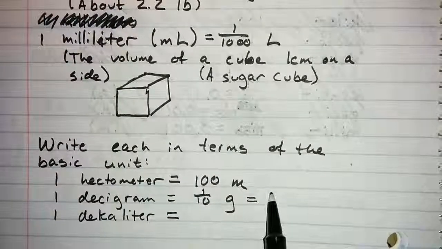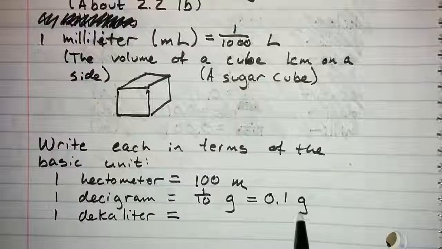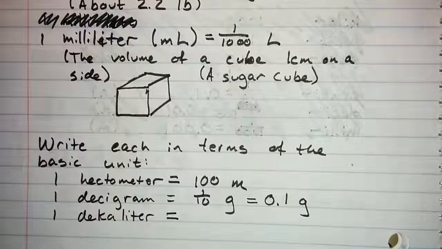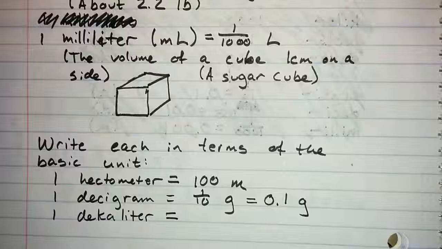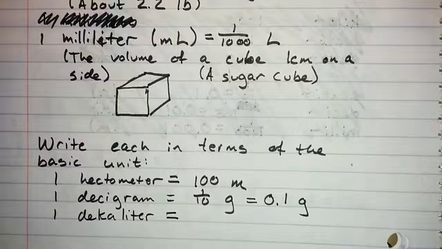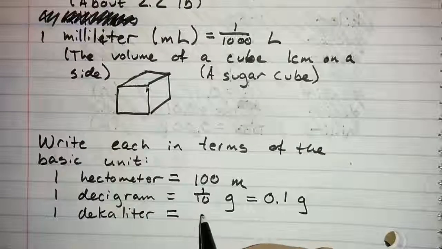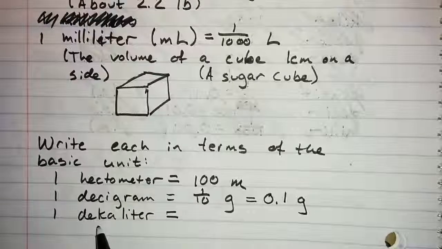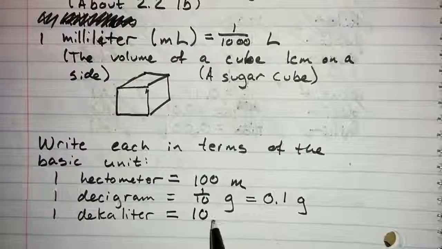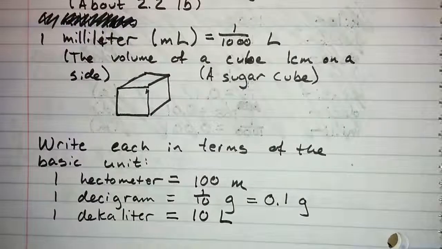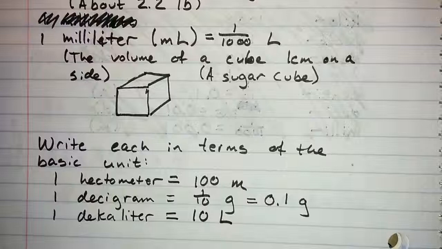Or if we prefer decimals, 0.1 grams. Either of these answers is correct. 1 decaliter is, deca means 10, so this is 10 liters. Notice the difference between deci and deca. Those take a little bit of getting used to.